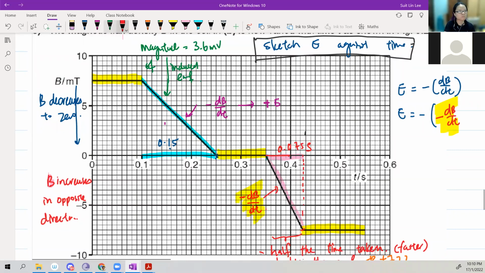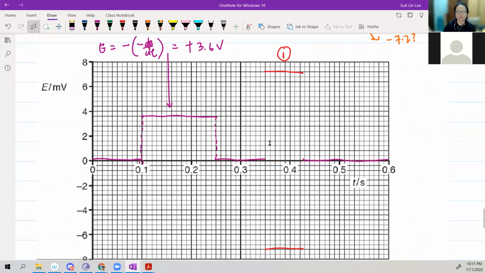Tell me what you get. Positive or negative? Positive, right? Okay. Negative, negative, they come together, become positive. We actually calculated 3.6 or 7.2 already. So this one would be positive 7.2.